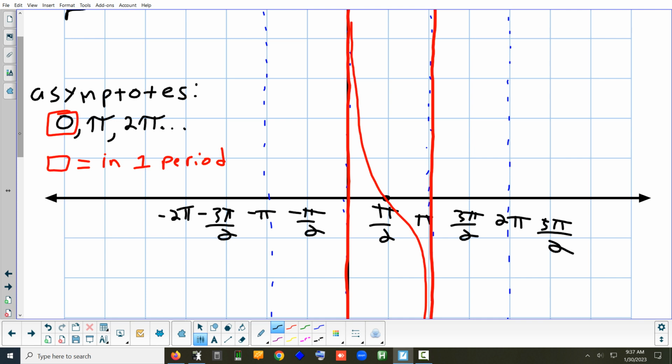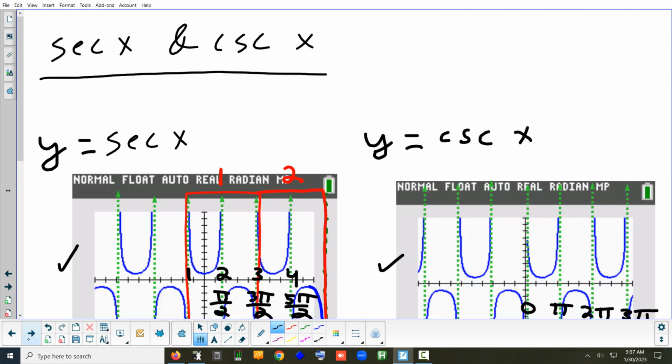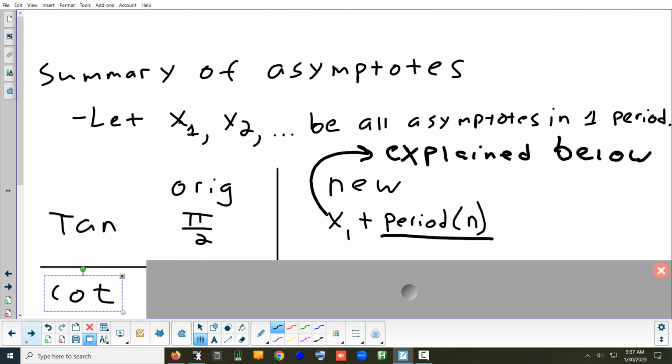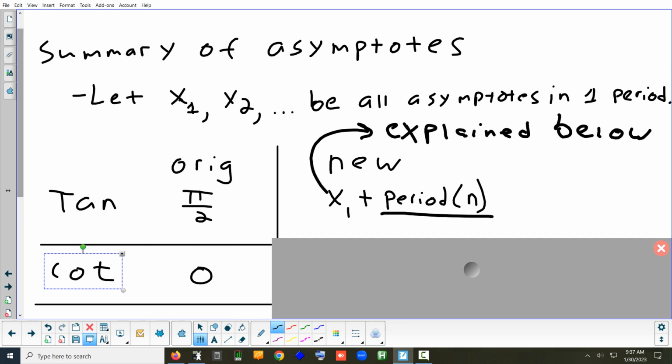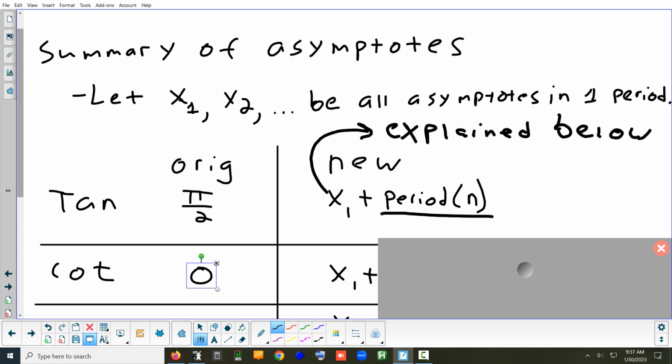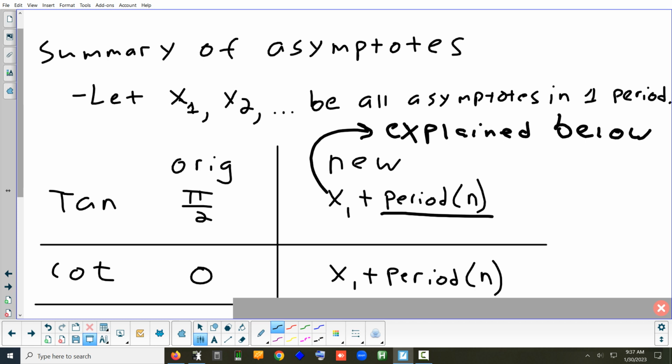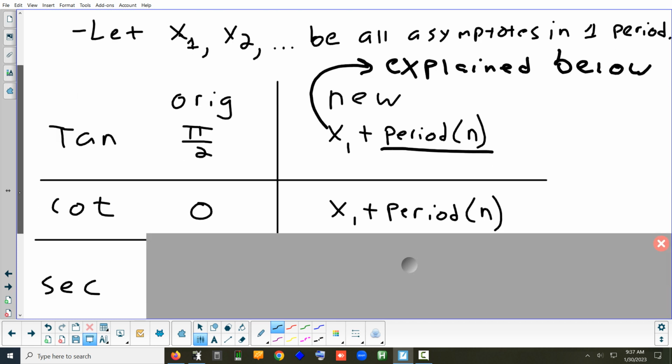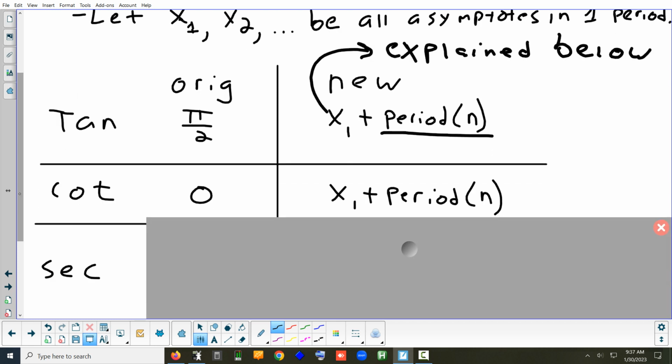Yeah, 0. That's the first one we talked about. So for cotangent, to find your new asymptotes, you're going to do something with the old one. It's going to give you a value. And then you have to put plus the period times n to represent that value repeating forever.